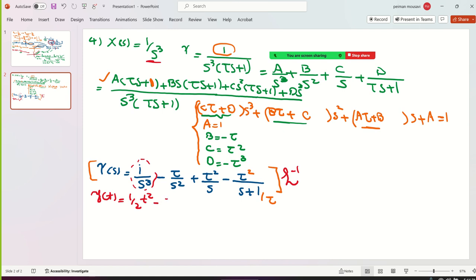This is minus tau t ramp, 1 over s squared. This is unit step, tau squared unit step, 1 over s, and this is our decaying term, tau squared e to the minus t over tau. Bingo.